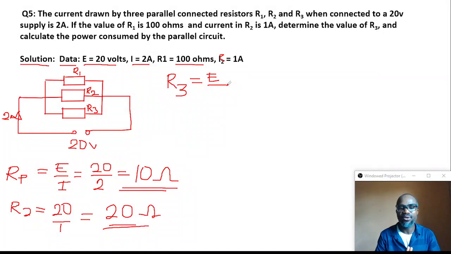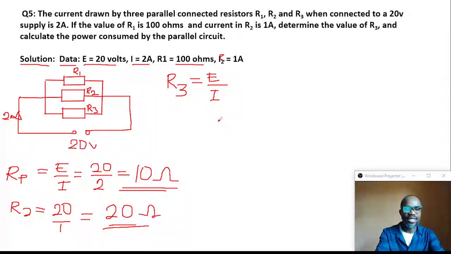We are going to find that right away. But before that, we need to understand the current flowing. If we can find the current flowing in R3, we can find the value of R3. So what do we do? Very simple.